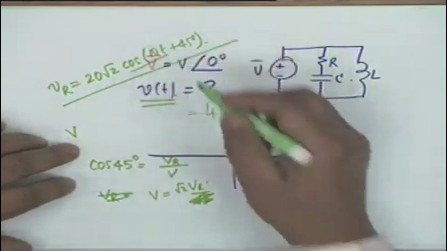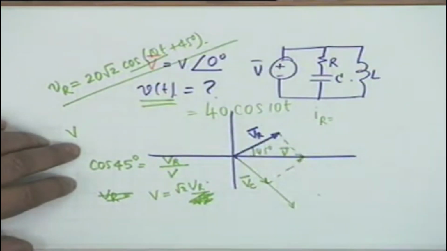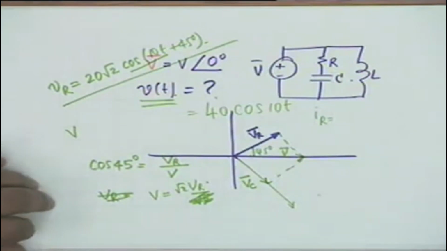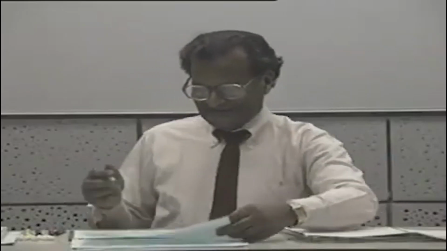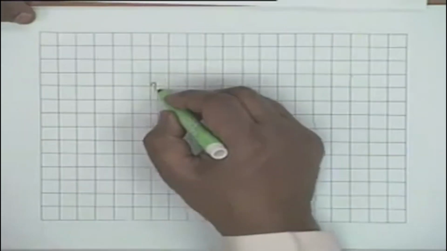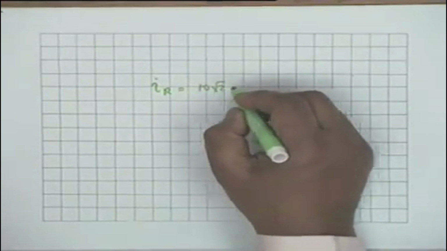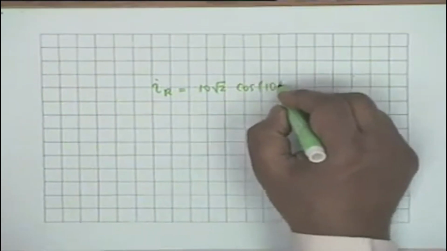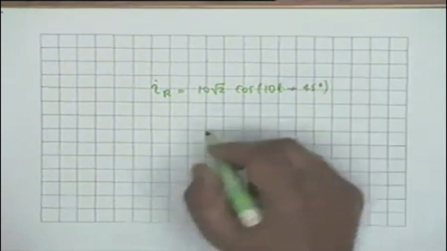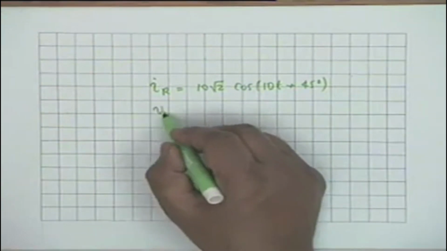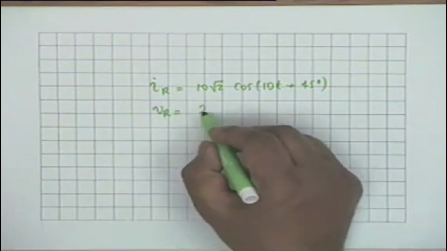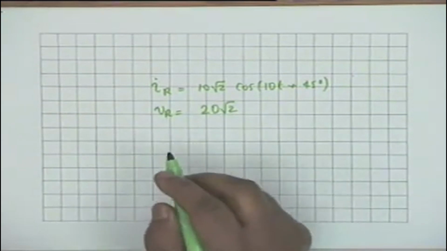Is that clear? What we have seen is that our original equation, let's say 10 root 2 cosine of 10t plus 45. So what is VR then? VR is 20 root 2, because R is 2 ohms, 20 root 2 multiplied by cosine 10t plus 45.